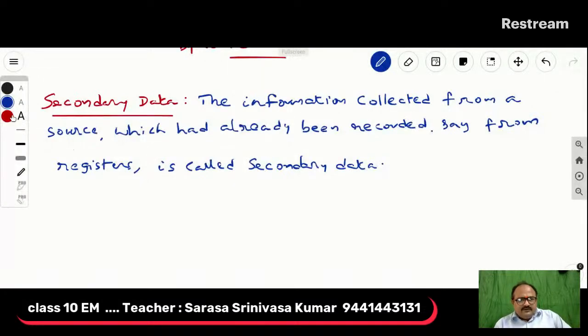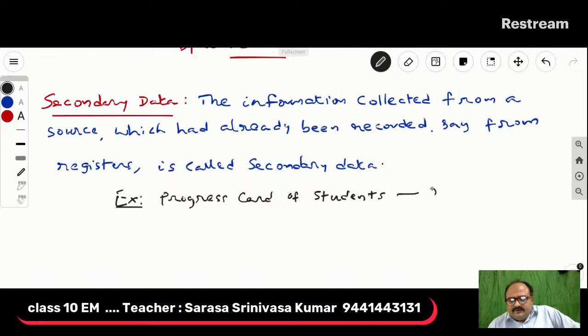For example, the marks progress card of students received by parents.